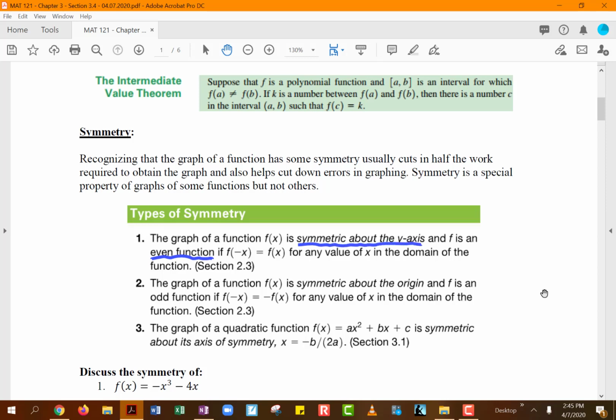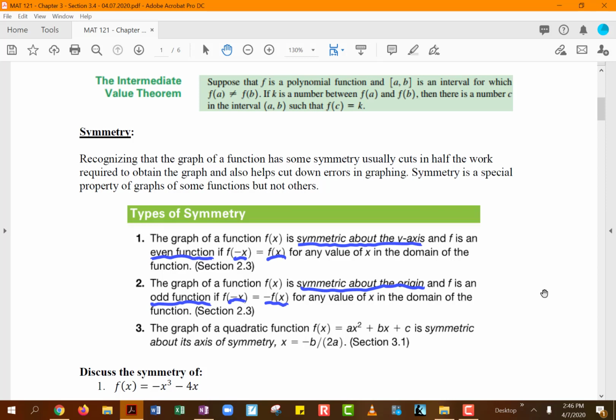The idea is if you put negative x in your function and end up getting the same value as the original function, that's how you know you have an even function. For odd functions, they have symmetry about the origin. In this case, if you put a negative x in your function, it ends up making your entire function negative. So those would be the two types of symmetry we'll talk about.